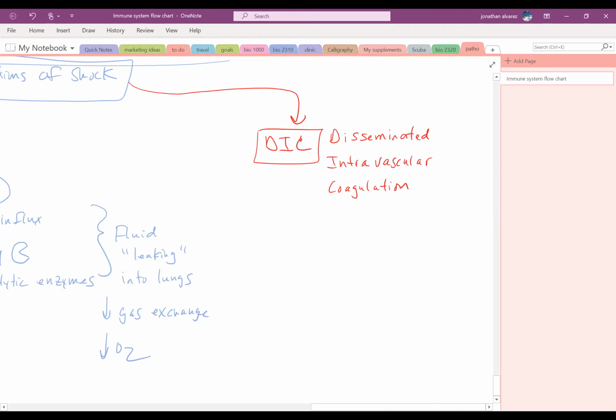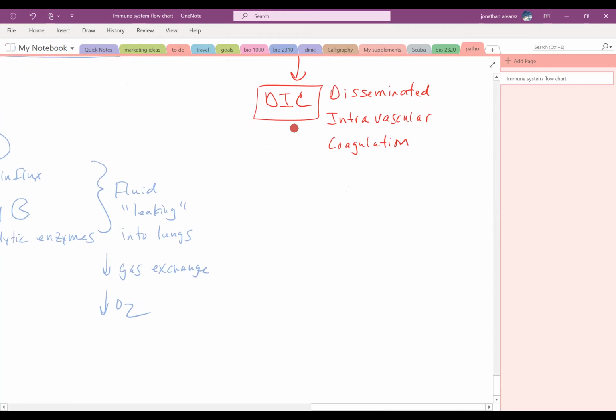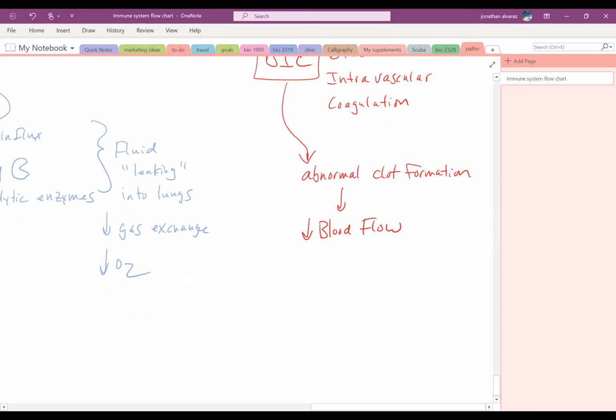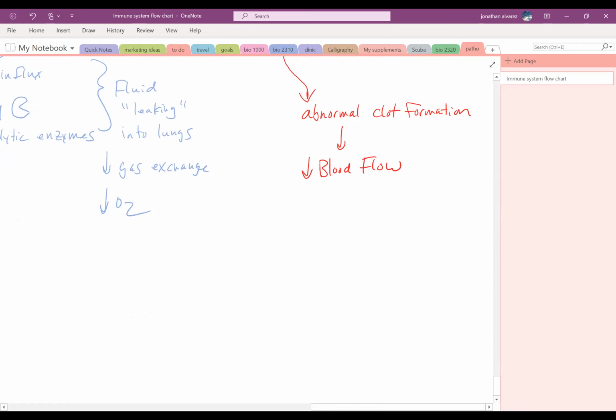So all this is clot, or I should say abnormal clot formation. When that happens, you get decreased blood flow. And then as far as a lab, you can order D-dimer.